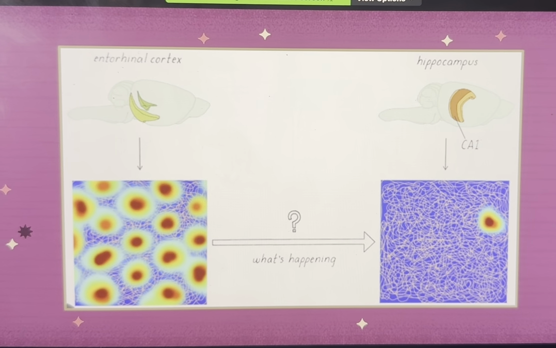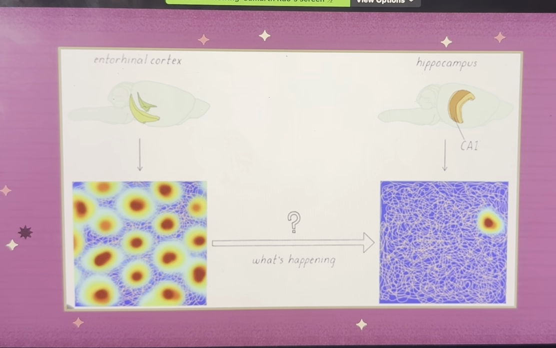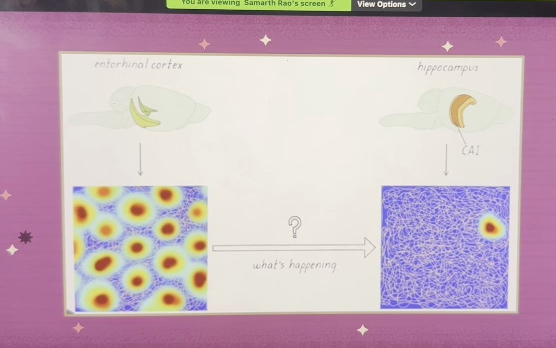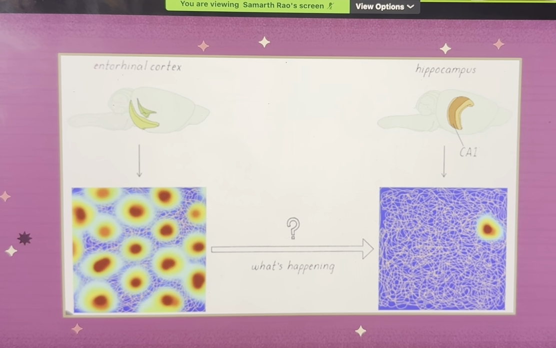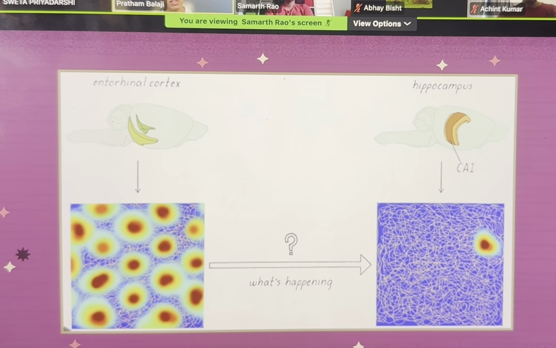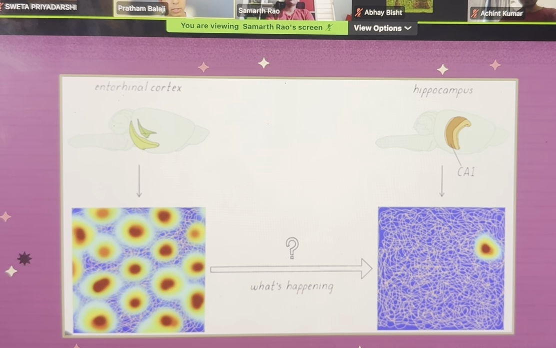This diagram shows how grid cells map to place cells and also where they are in the brain. Grid cells are in the entorhinal cortex and place cells are in the hippocampus. A place cell is actually made up of a lot of grid cells, which are part of multiple modules. So there are multiple grid cells in each module and multiple modules in each place cell.